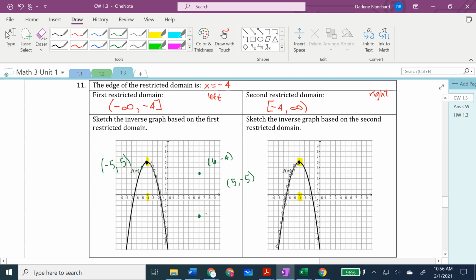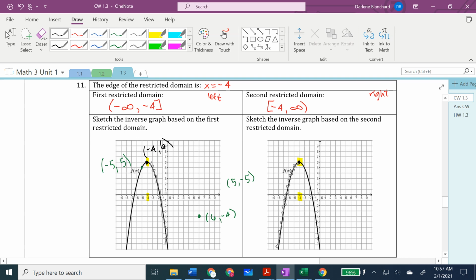I have found for myself that I mess up less if I write everything down. So what helps is to actually write down that that vertex was x equals -4, y equals 6. Write the reversed point and then plot it.